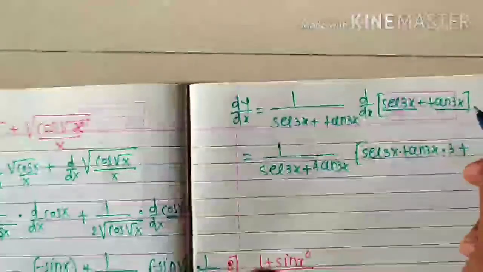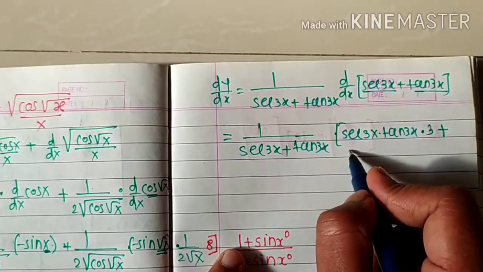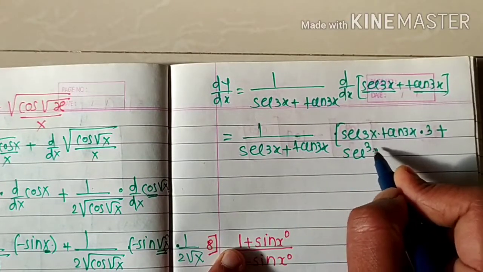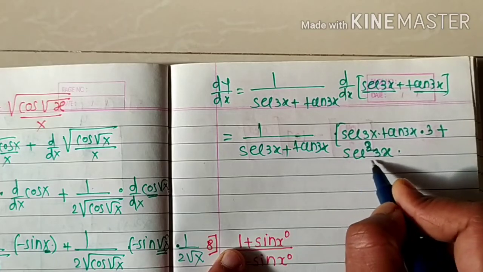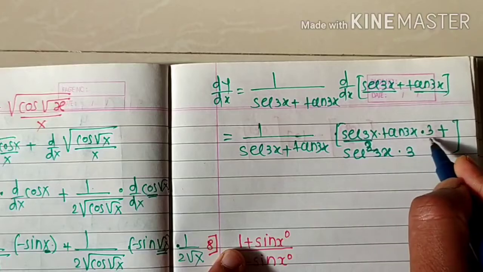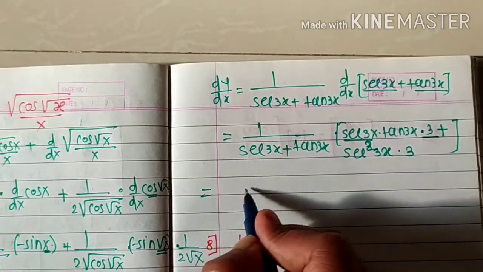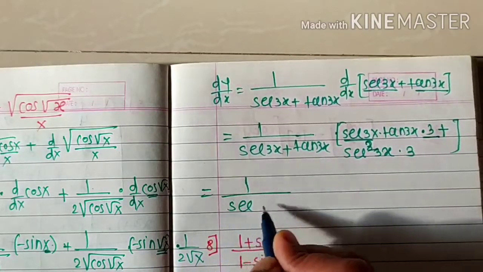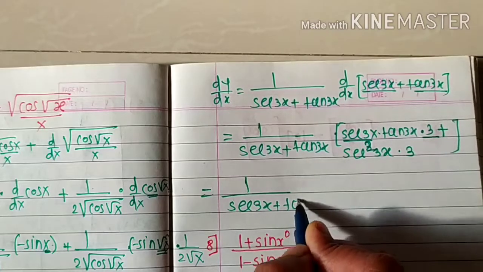For the second, tan 3x, the derivative of tan is sec squared of 3x, into the derivative of 3x, which is 3. What is the common term here? sec 3x and 3, and then we take this outside. Therefore, the denominator is sec 3x plus tan 3x.